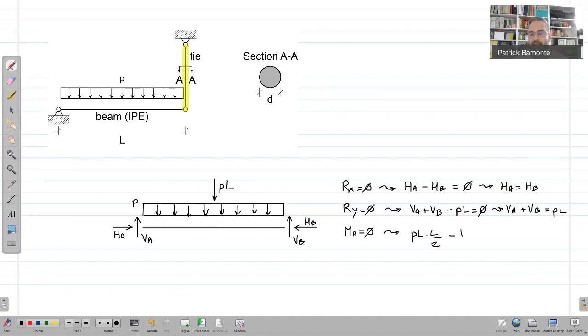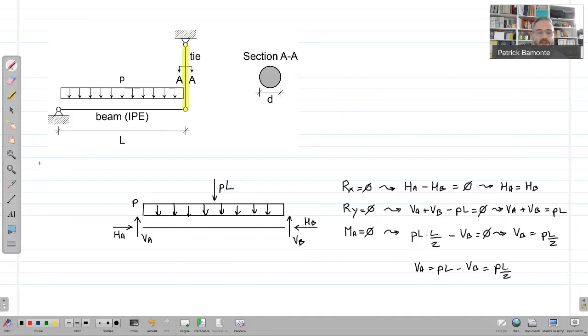And then we have minus VB times L equal to 0. And this immediately yields VB equal to PL divided by 2. And then, of course, taking advantage of the vertical equilibrium equation, we have VA equal to PL minus VB, and this is equal to PL divided by 2.